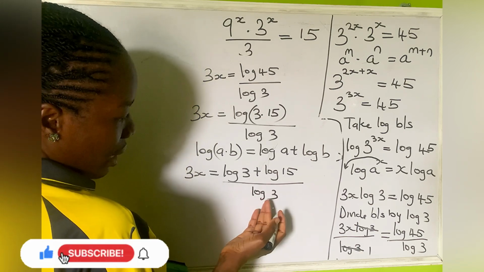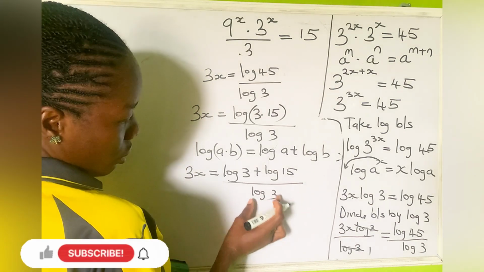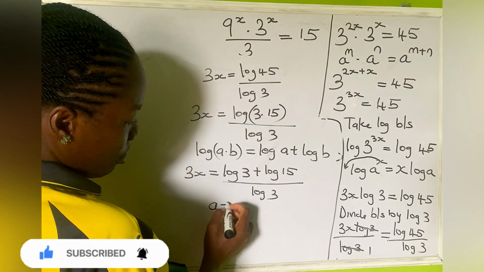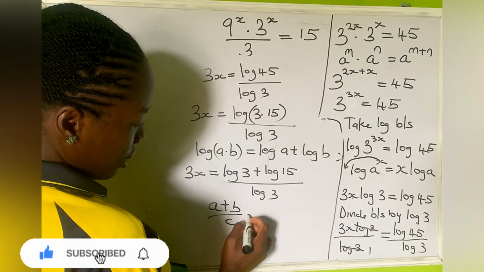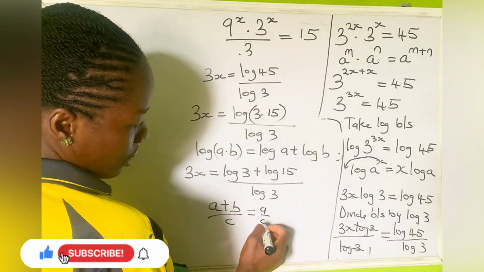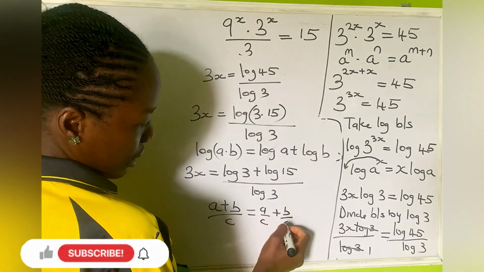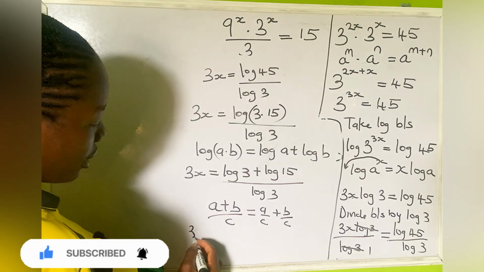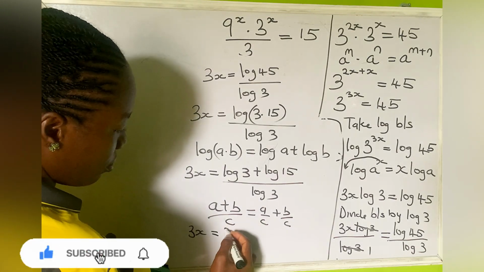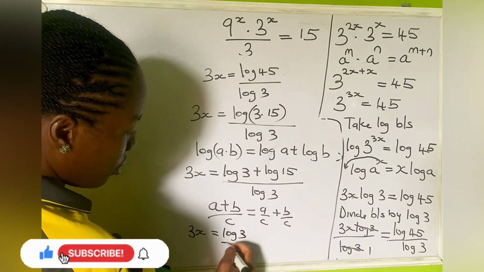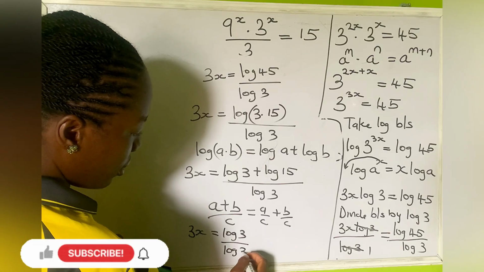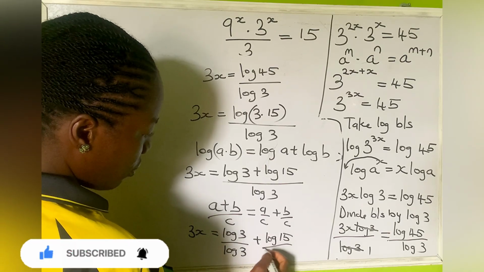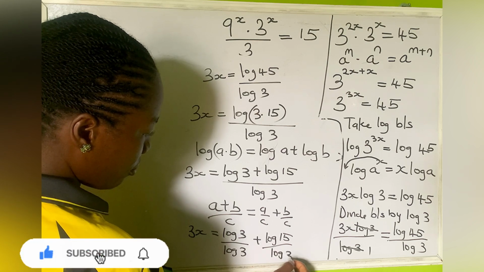Now, because you have this denominator for both, when you have something like A plus B over C, you can write it as A over C plus B over C. So still the same thing, right? Yes. So we now have 3x is equal to log 3 over log 3 plus log 15 over log 3.